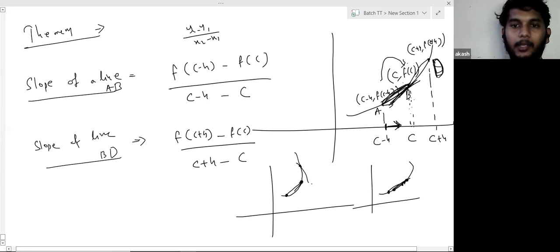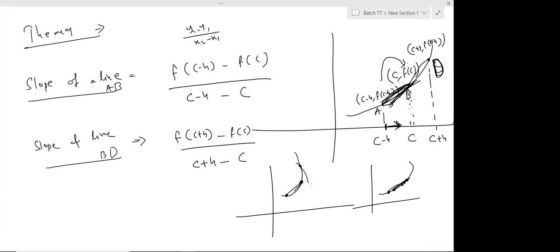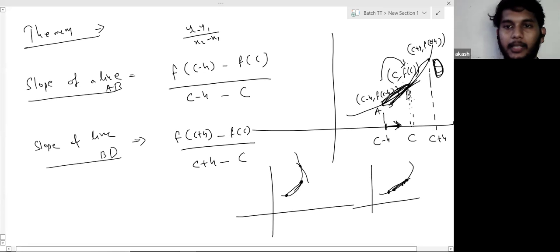Yes or no? How do you draw a tangent? You draw two points really close, join them. Yes or no? Yes, sir. Right. So if I move this A very close to C or B, then this line AB becomes the tangent at B. Same thing happens if I move this point D towards B.